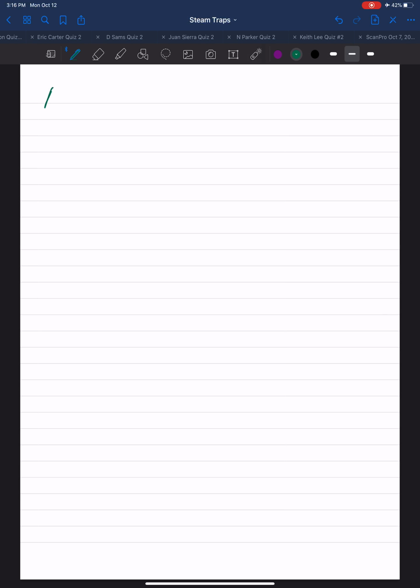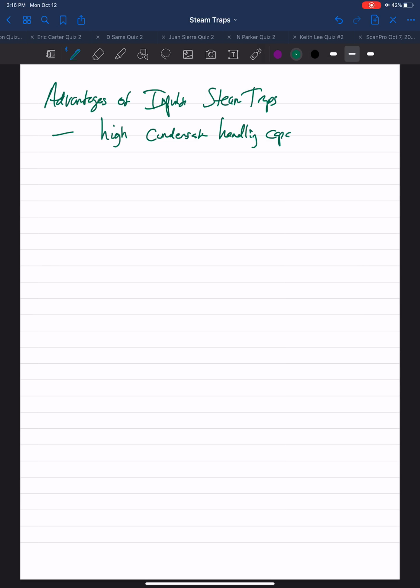Some advantages of impulse steam traps: they have high condensate handling capacity for their size.